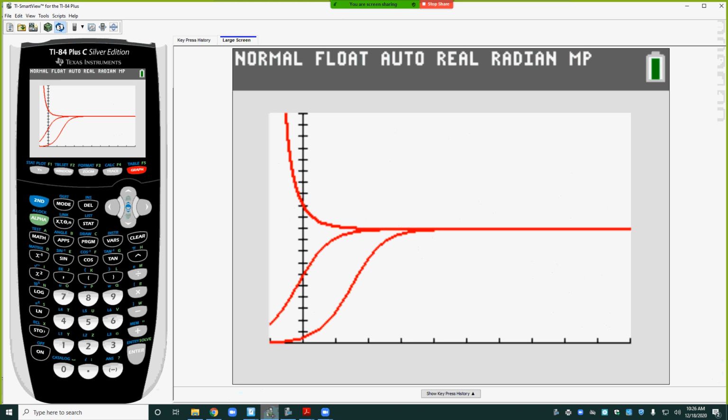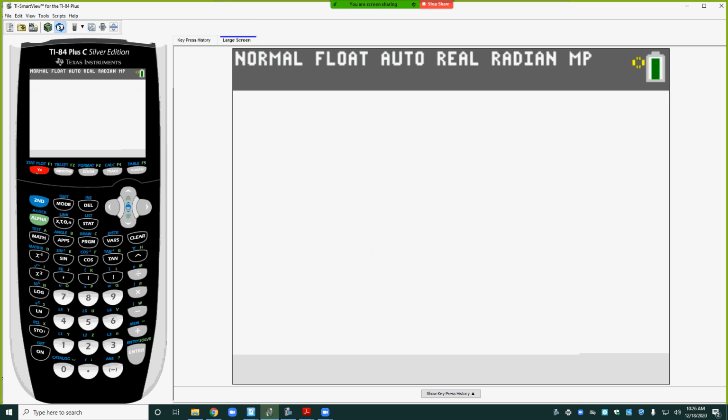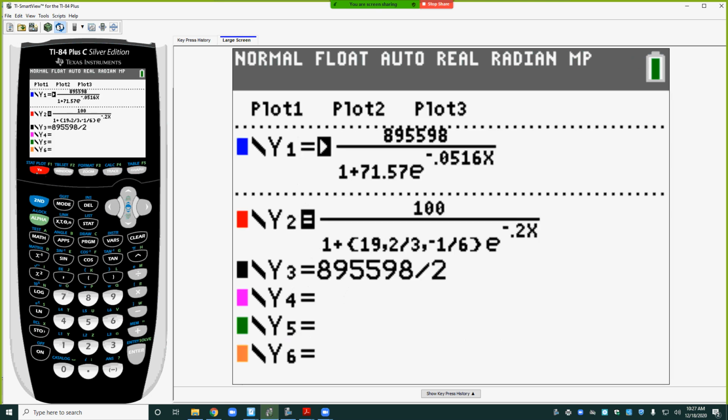So, boom. I guess we could talk about whether you'd want to just put L and K in this general format, and then you could store the values for L and K. It saves you a little bit of typing.